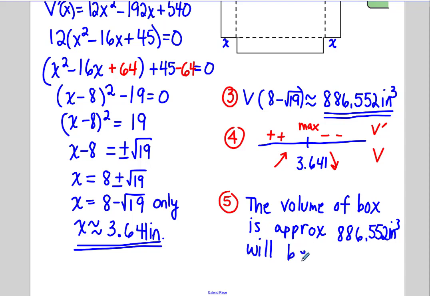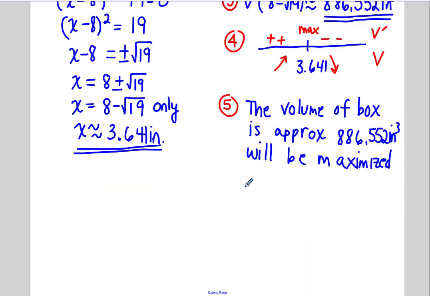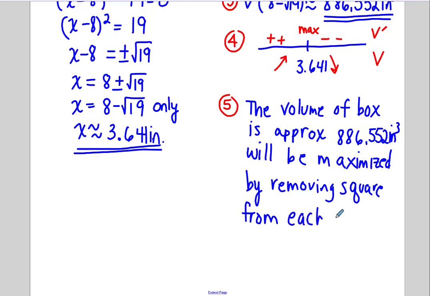And that will be maximized if we cut squares from the corners, from each corner, that measure 8 minus the square root of 19 inches.